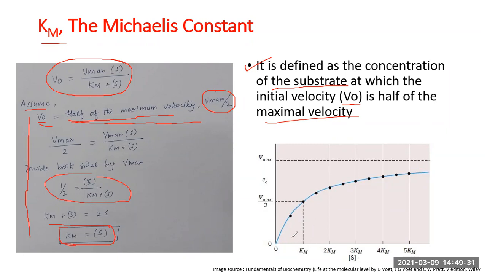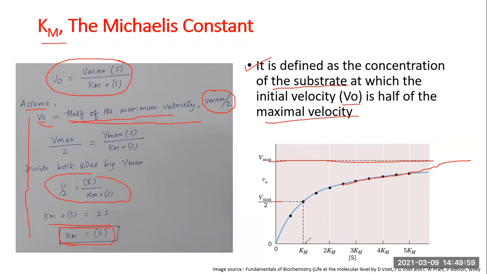When you plot substrate concentration versus the velocity, you get, as I said, a rectangular hyperbola. Let's say this is the maximum velocity where it has attained the plateau. Half of the maximum velocity is this. So the concentration of substrate where we have achieved half of the maximum velocity can be obtained by drawing a perpendicular line here.